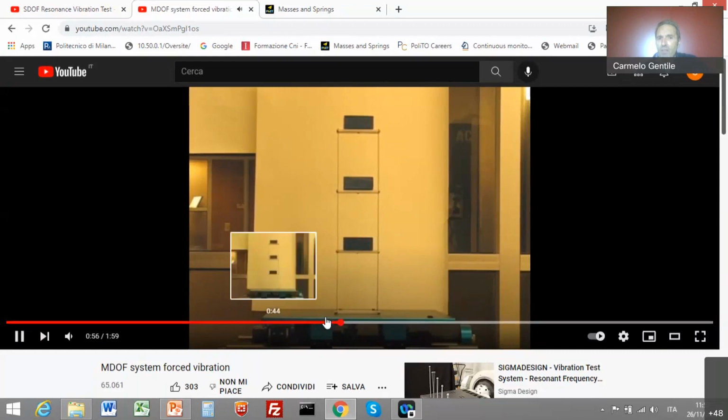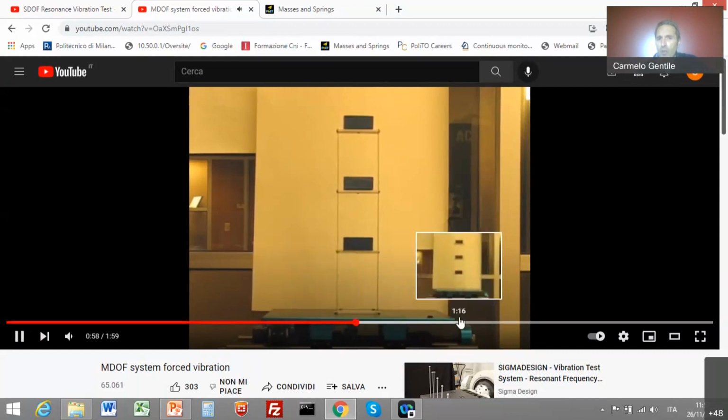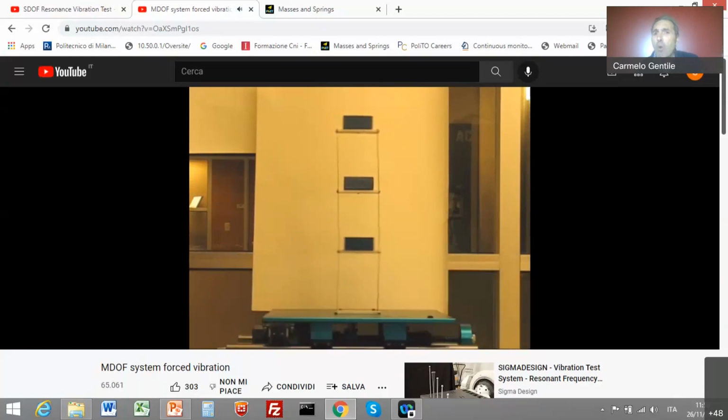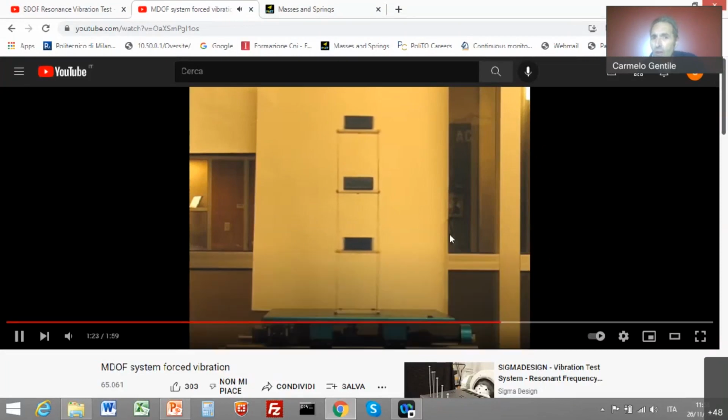Now the frequency of the applied motion is increasing, and we also begin to see some displacement of, for example, the lower mass and the upper mass, whereas the intermediate mass is almost not moving. So there is an increase of the deflection at the lower level and at the upper level, with the intermediate mass approximately not moving.